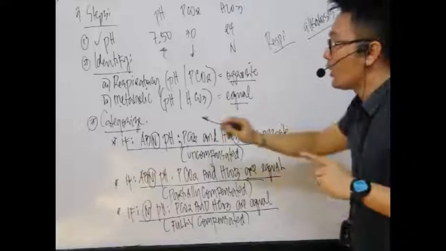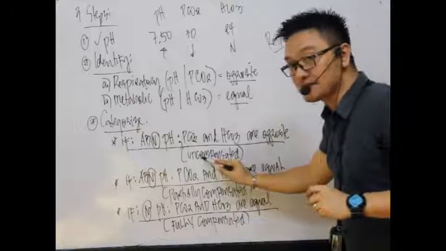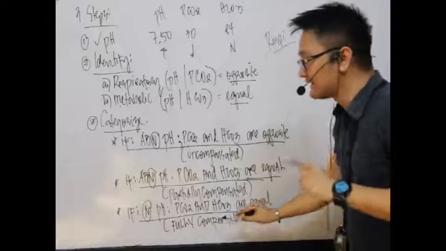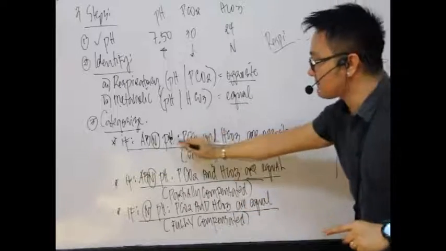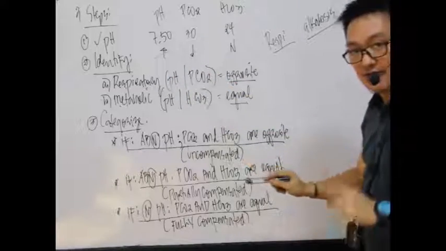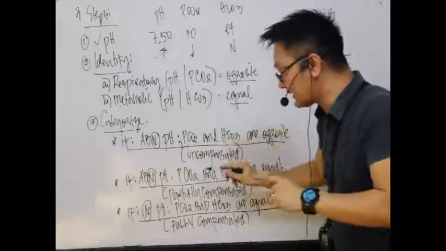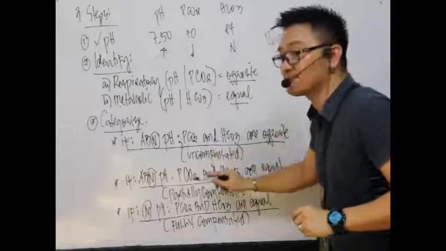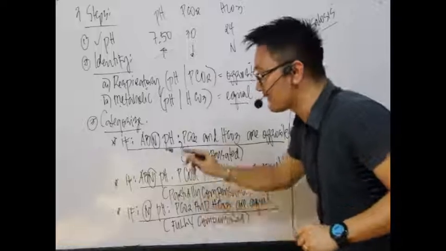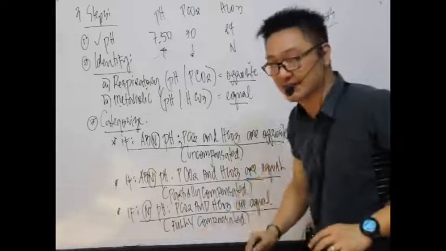The question is, what type of respiratory alkalosis? Is it uncompensated, partially compensated, or fully compensated? Let's check. Is the pH abnormal? Yes, the pH is abnormal. Therefore, you can only choose between uncompensated and partially compensated, because remember, if it is fully compensated, the pH is normal. Therefore, let us eliminate fully compensated.